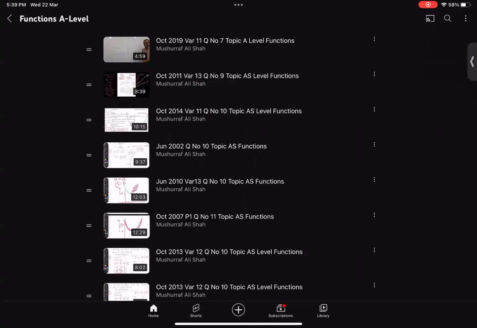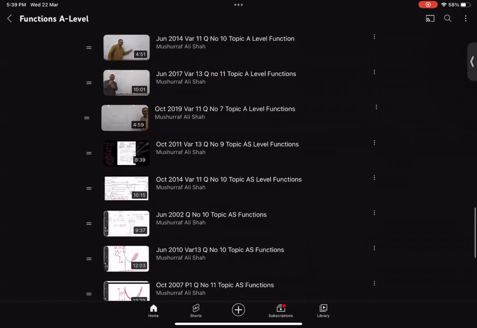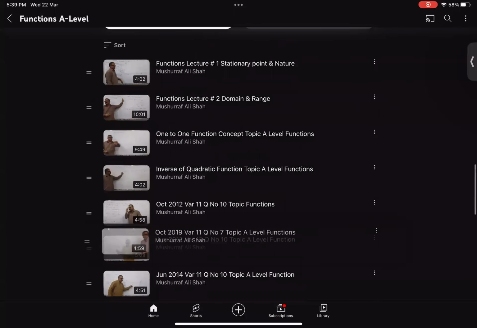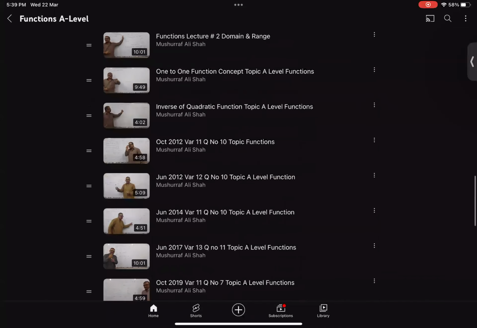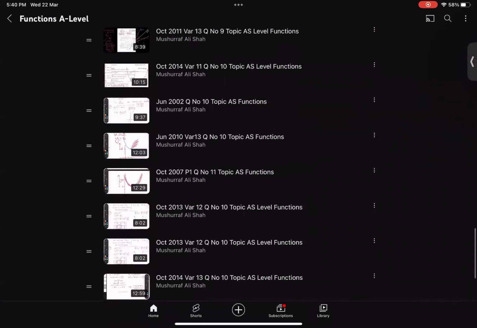I suggest, as a teacher, that you note down the year. For example, this is October 2019, or this is June 2014, first variant, question number 10. You should try these questions first and compare your answer with mine, or watch my recording first and then practice. I hope this way you can get command of this topic.